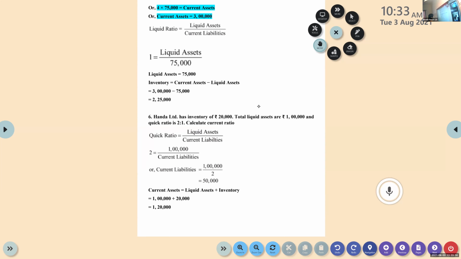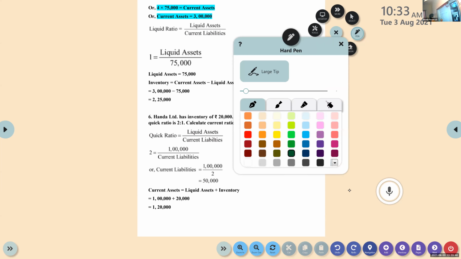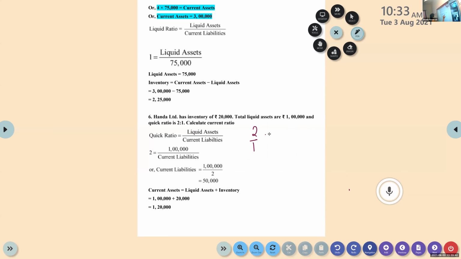So how to find current liability? Cross multiply, you get 2 into current liability is equal to 1 lakh. So current liability is equal to 1 lakh divided by 2.